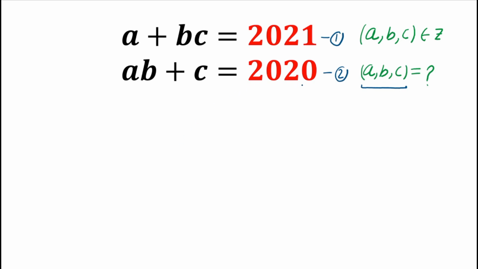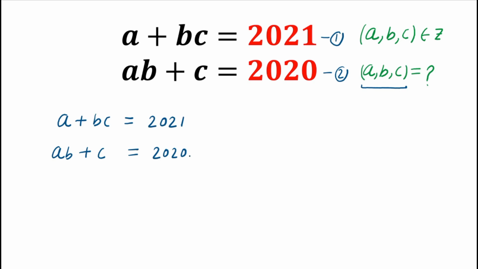Now if we subtract equation number second from first. We have a plus bc equals 2021, and another equation is ab plus c equals 2020.